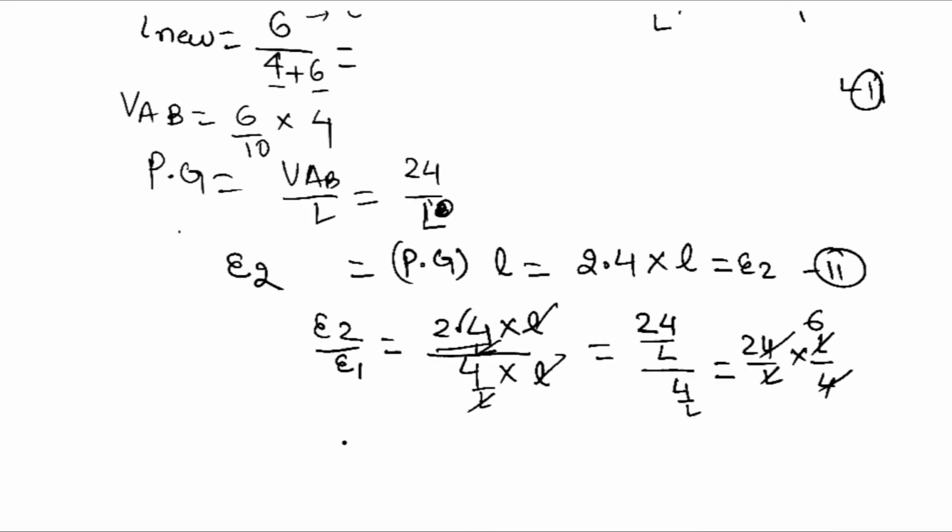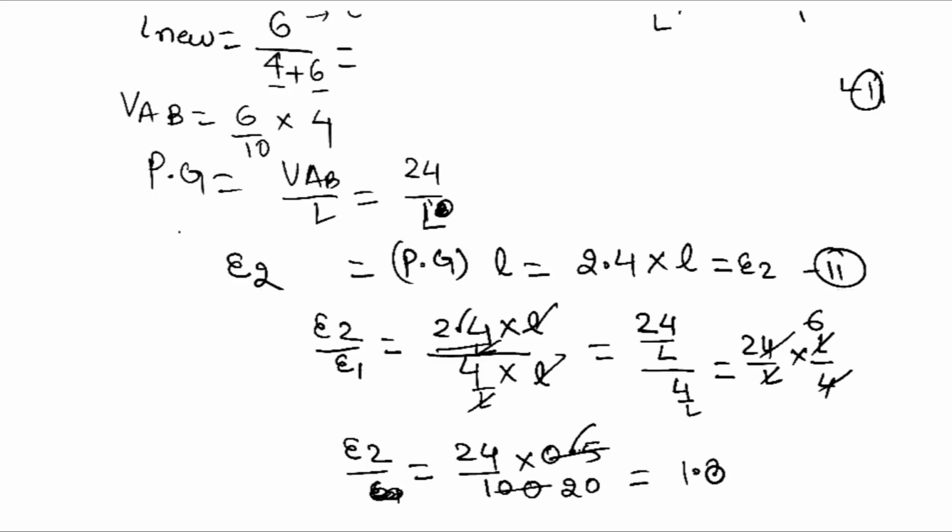Fine. So E2 divided by E1 is equal to 24 by 10 into E1. I can take E1 here, and E1 we know already, that is 0.5. If I solve it, it becomes 1.2.